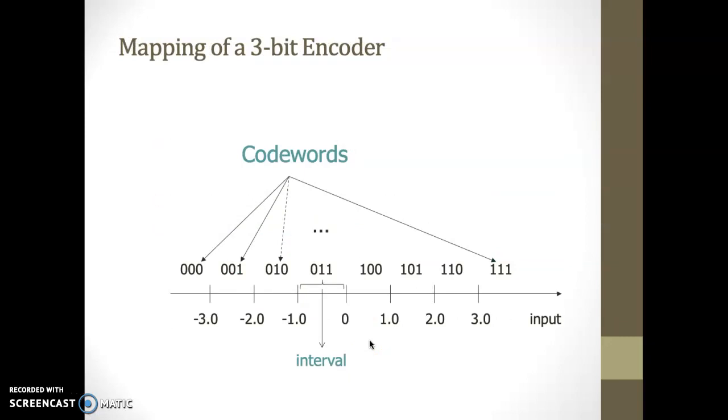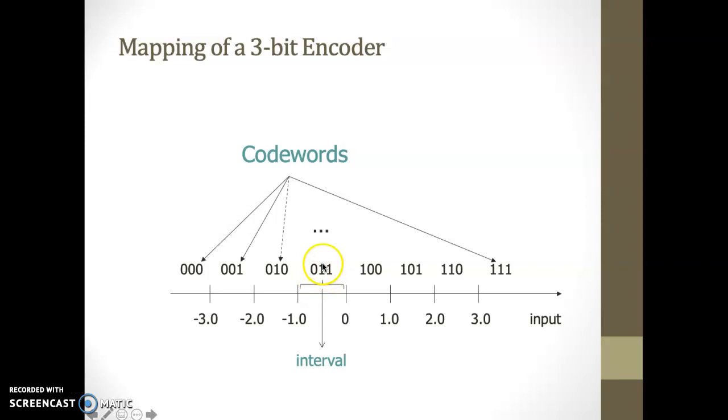To understand better, this is how the coder is done. You will have a range that depends on the number of bits that your data or image will be represented with. Once you encode, this range will be divided into sub-intervals, and each sub-interval will have a code word. So the range from 0 to negative 1.0 will be represented as 011.